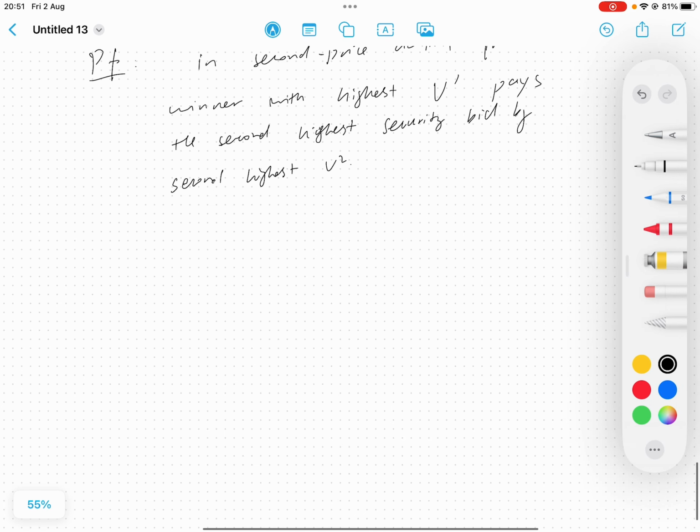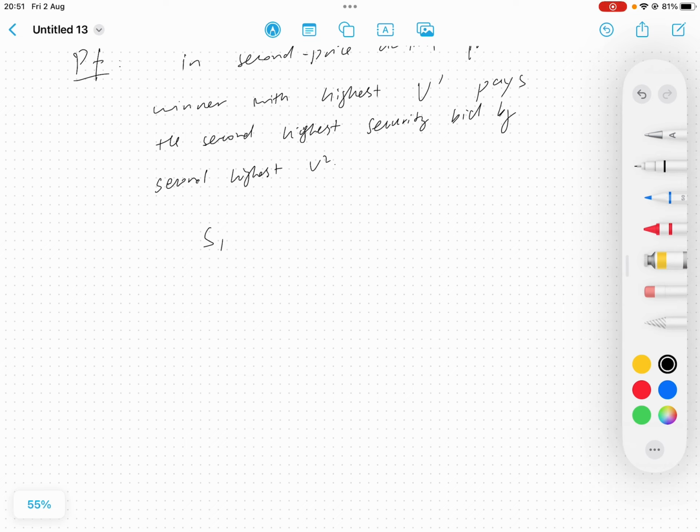All right. Now we have some notation. We let S1 be the security bid by V2 under bold S1. So S1 is just an element of that bold S1.